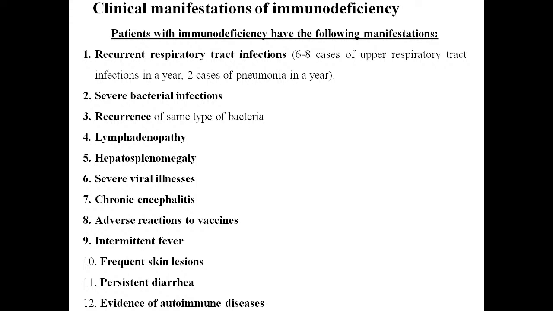It is considered recurrent respiratory tract infections, upper or lower respiratory tract. These patients also have severe bacterial infections. Then, this patient has recurrence of the same type of bacteria. Recurrence means when infections are caused by the same bacteria. After some time, they are repeating.